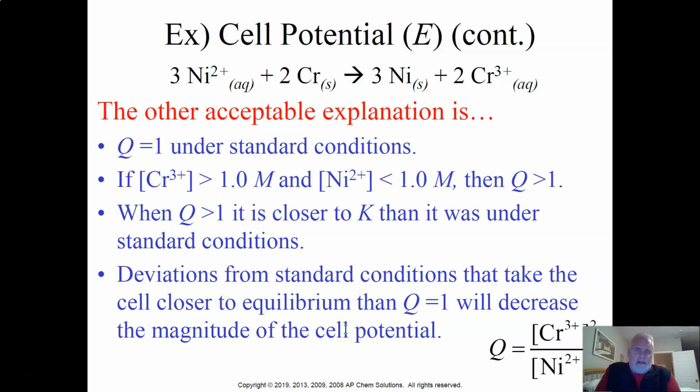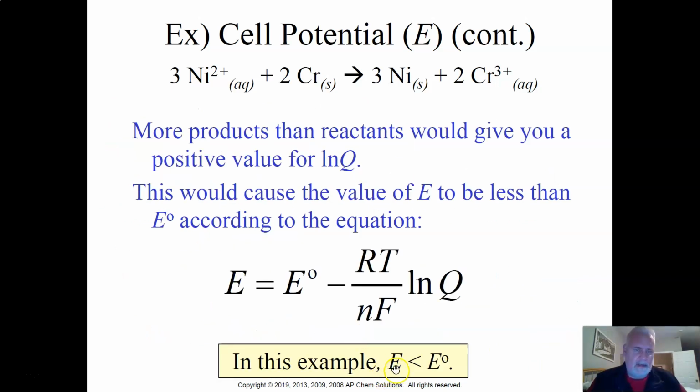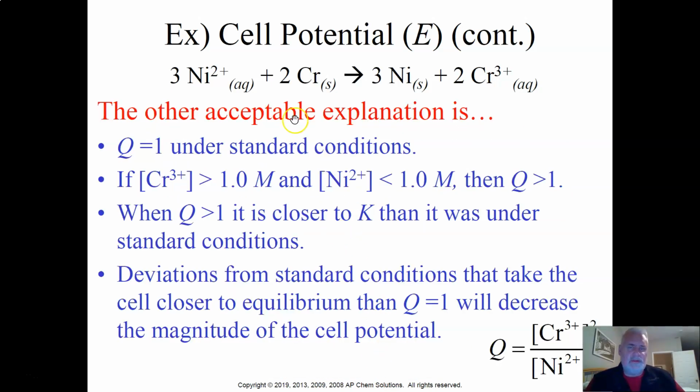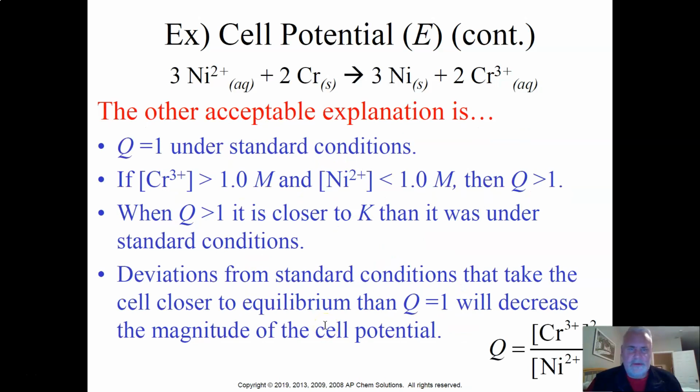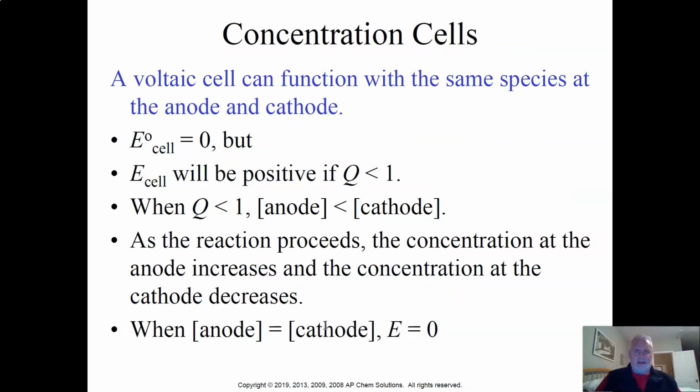All right? So E would go down and become smaller. So this one's more sort of qualitative understanding of it. I always kind of prefer a quantitative. I like to see those numbers being crunched.